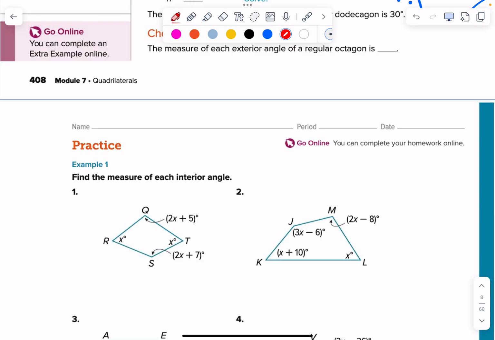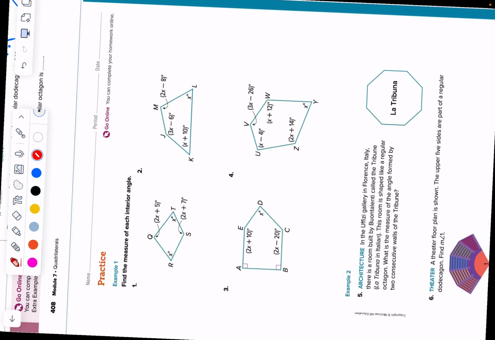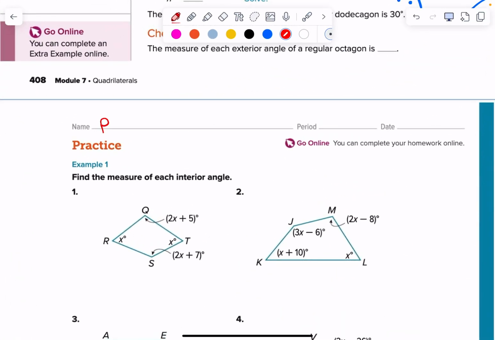Okay, there you go. You are going to do numbers. What page are we on? Page 409. Geometry, we are on 7-1.